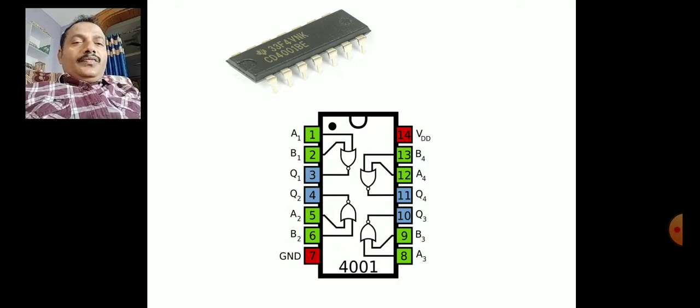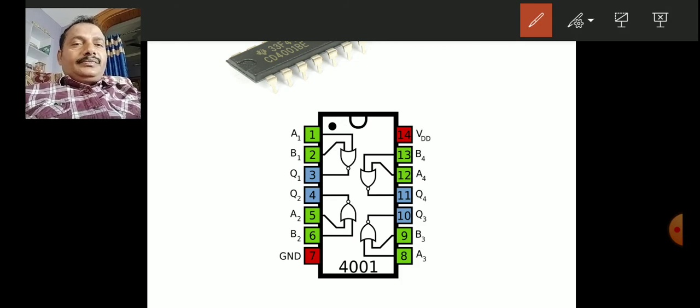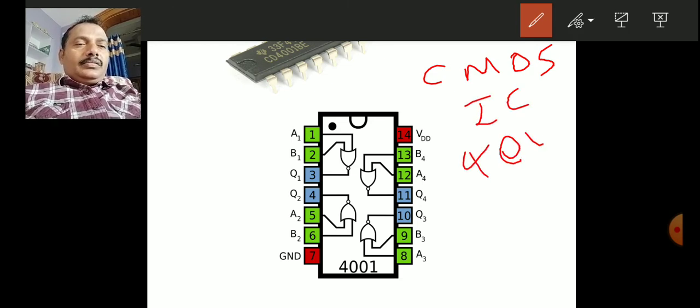Similarly, this is the 4001 CMOS IC. In the 4001, similarly you can observe NOR gates.